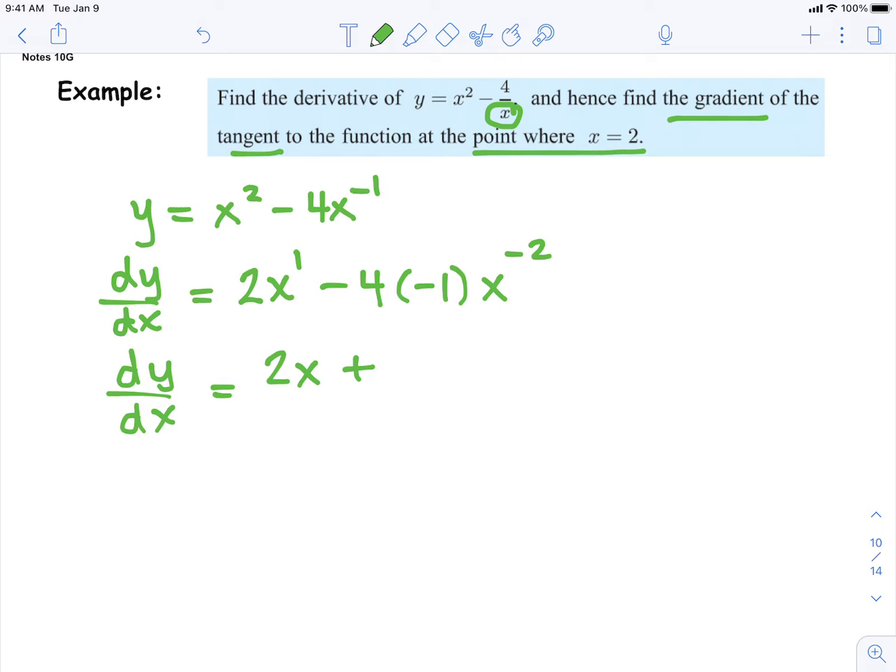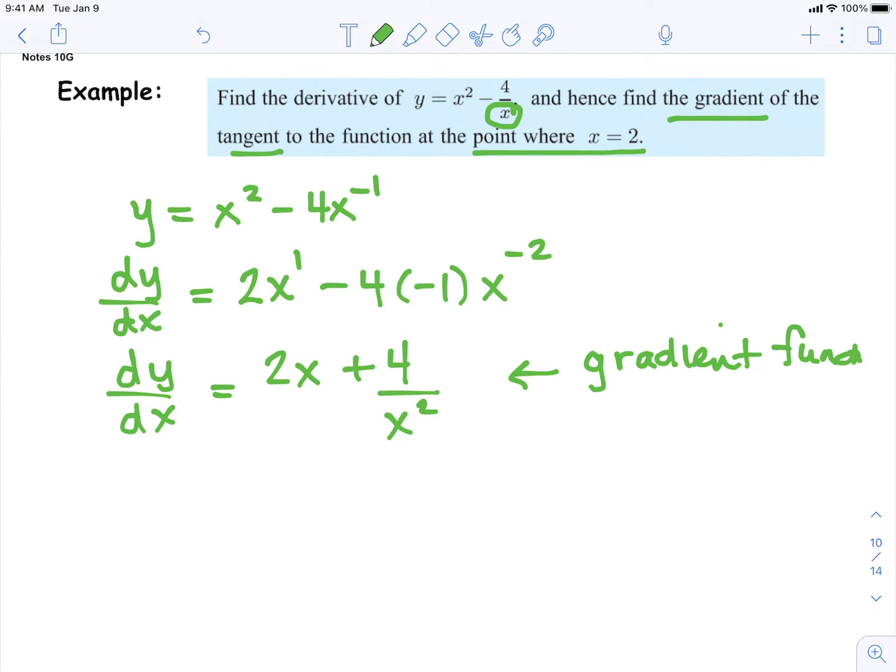Negative 4 times negative 1 is positive 4. And then I'm going to change that x to the negative 2 to a positive power by flipping it down to the denominator. So this is my derivative function, which is also called your gradient function.